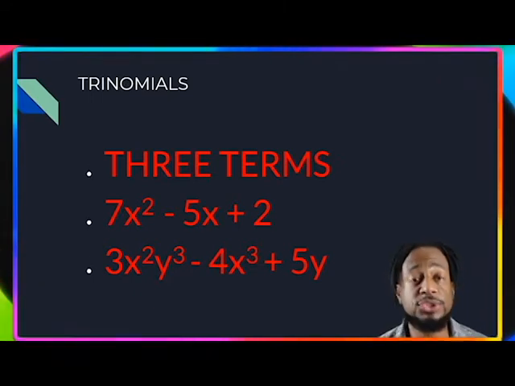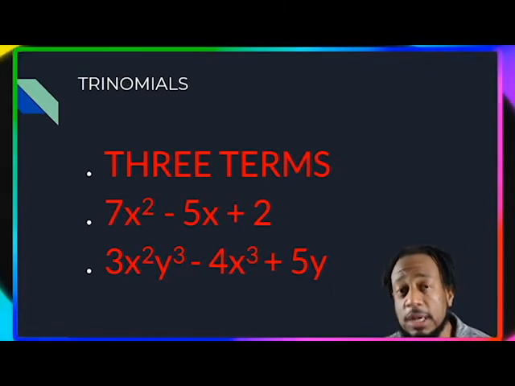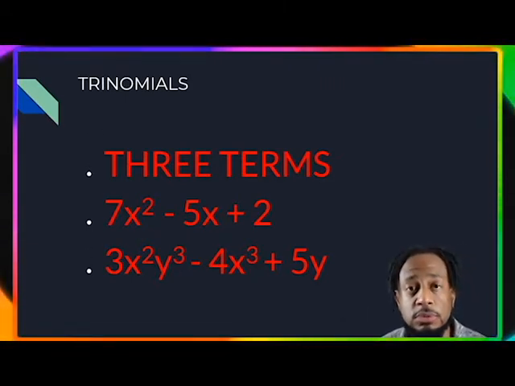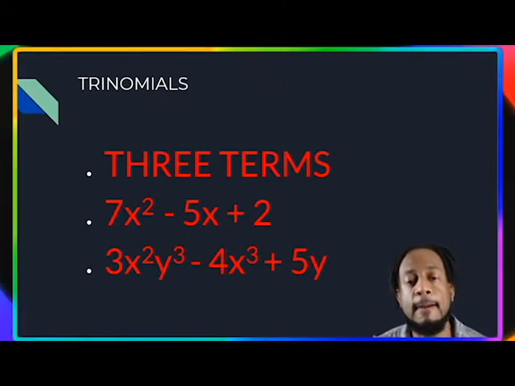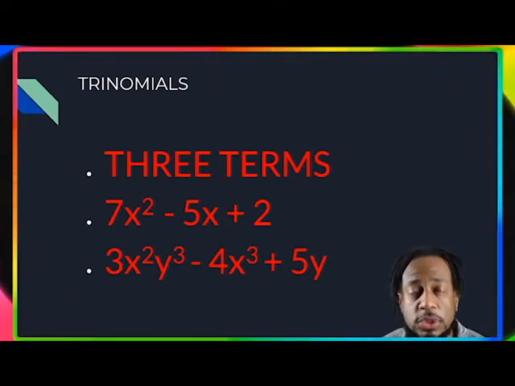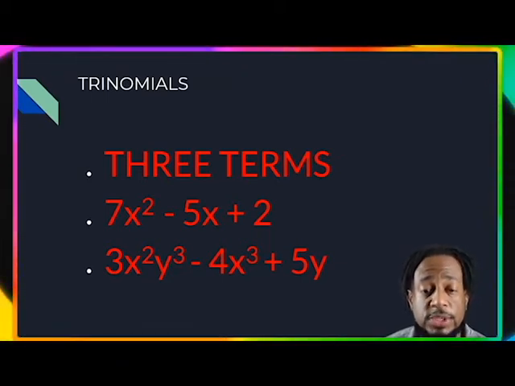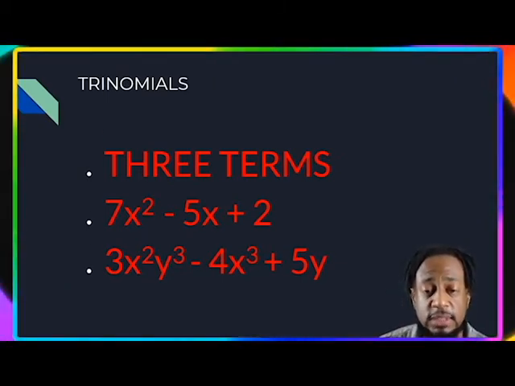Trinomial, tri means 3. So the same thing with binomial. You add the operation, add another one, it becomes a trinomial. So 7x squared minus 5x plus 2 makes it a trinomial. It's 3 terms. Anything you split, look at it split.